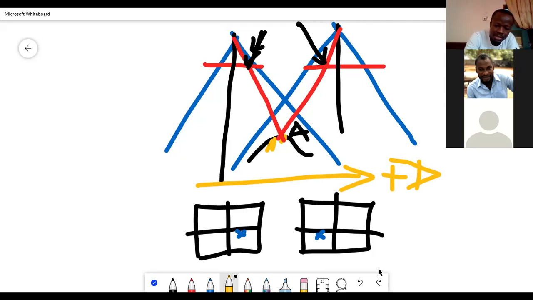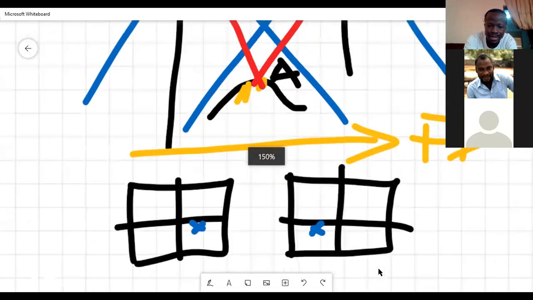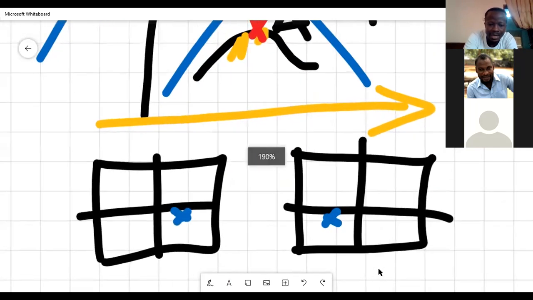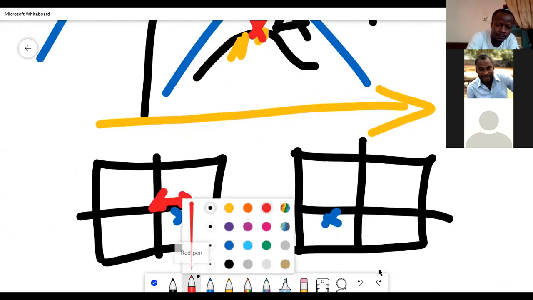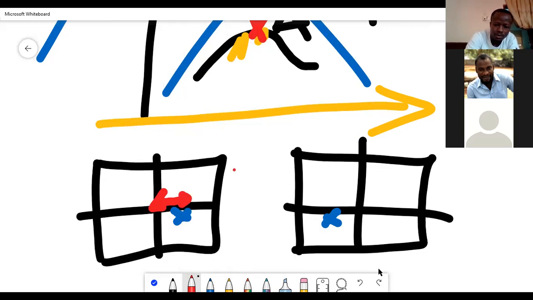So the X coordinate is measured along the X axis. Okay, so X is measured this way.